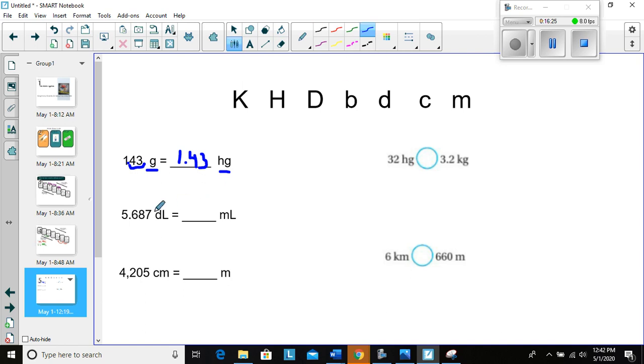All right, now the next one, let's do light purple. Let's do purple. We have 5 and 687 thousandths. Is it deca or deci? What do you think? There's no A, so it's not deca, it's deci. It's this one. Deci, the smaller one.